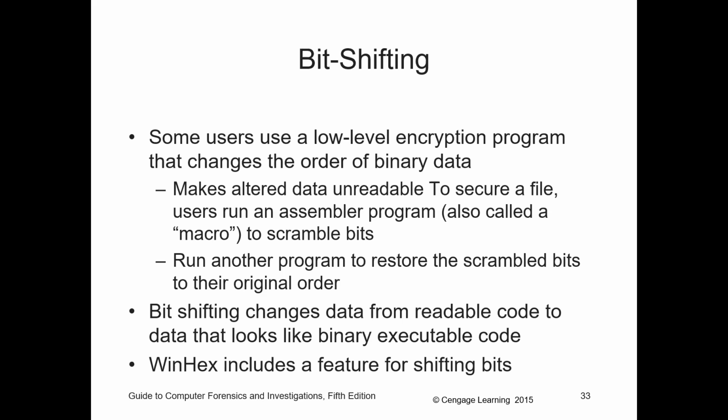We run another program to restore the scrambled bits to their original order. So bit shifting changes data from readable code to data that looks like binary executable code. WinHex always includes a feature for shifting bits, which helps us to quickly recover these bits.